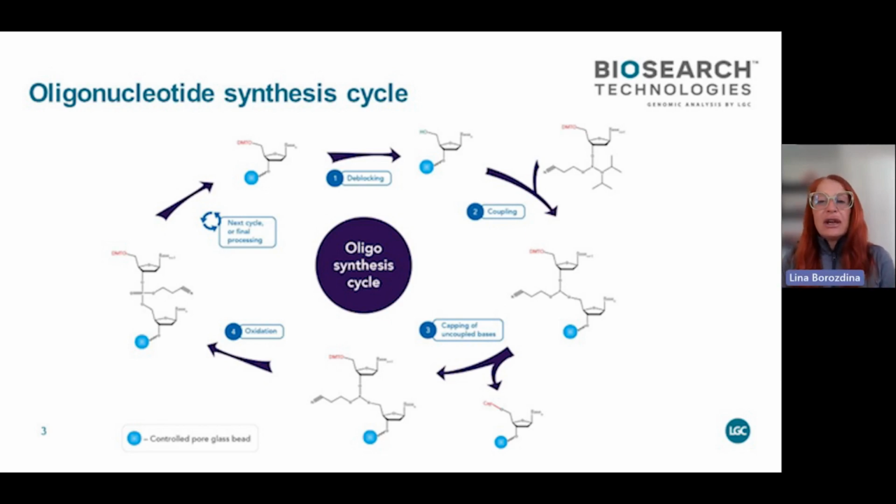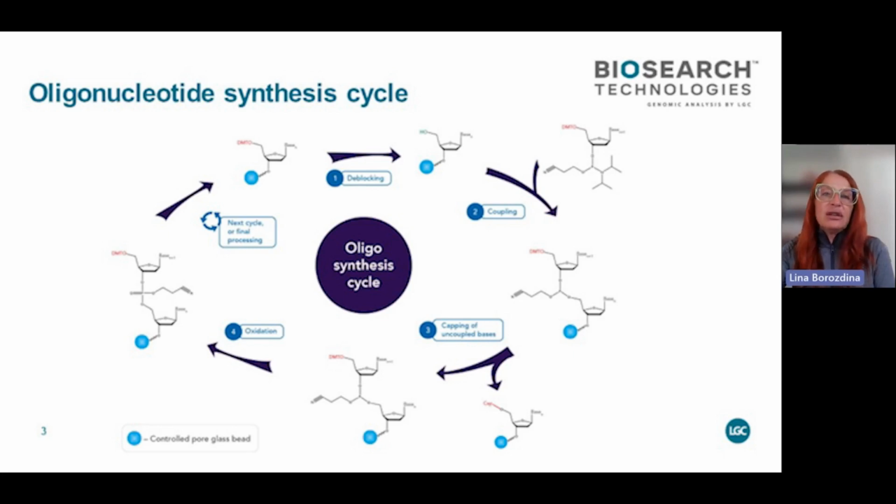Oligosynthesis cycle, some of you may be very familiar with that, and some might not be. So what the synthesis cycle here shows is a standard addition of an oligo base per synthesis. This is for just a single base.